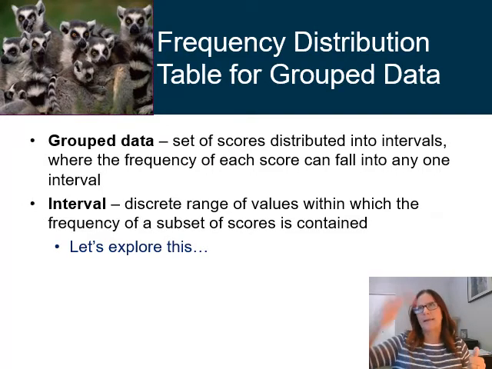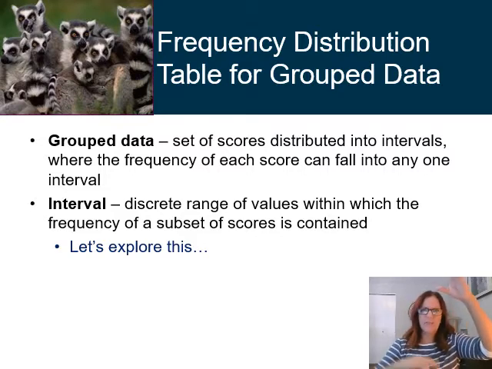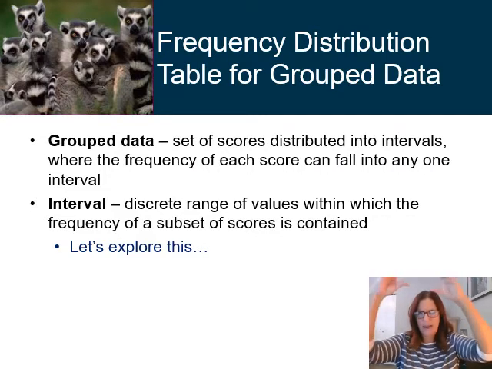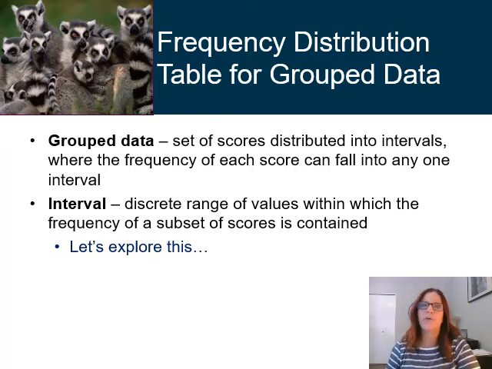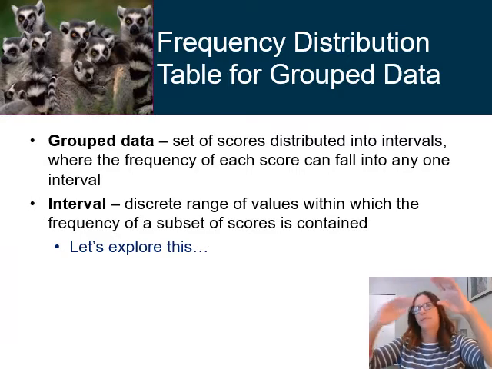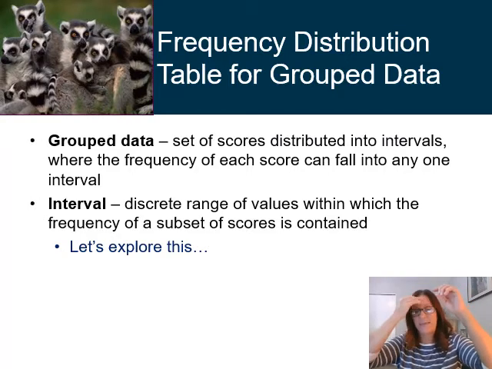Rather than writing every single one, 100, 99, 98, 97, 96, instead maybe I'm going to have from 90% to 100%, and I'm going to have the data grouped into that category. So that would be grouped data, where the interval is that range of values. So the 90 to 100, that means any score in between there would be part of that interval.